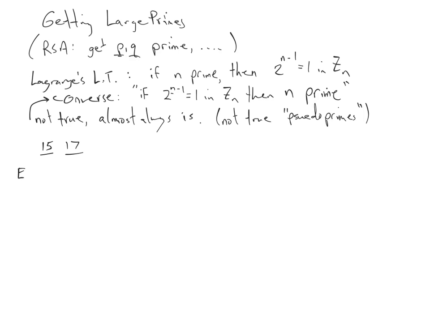So embedded exercise 30 really gives a counterexample to this. If you compute 2 to the 340 in Z sub 341, what do you get?